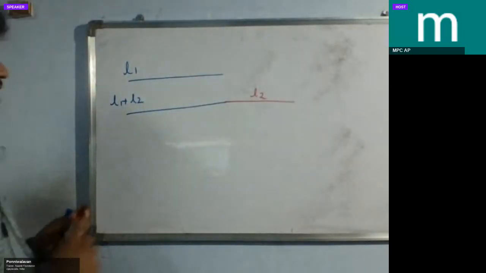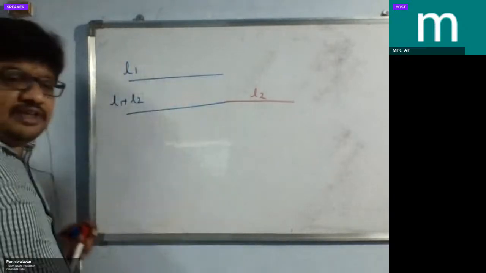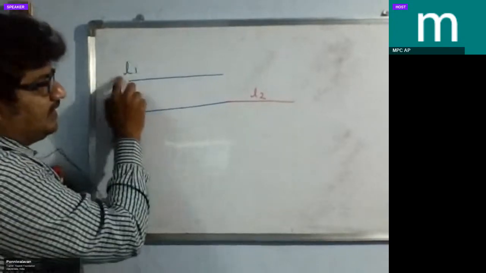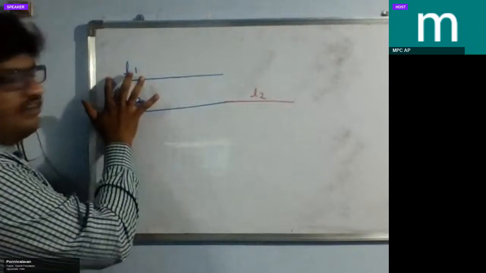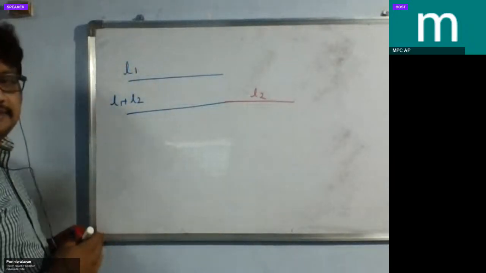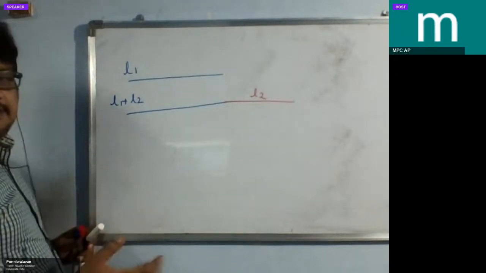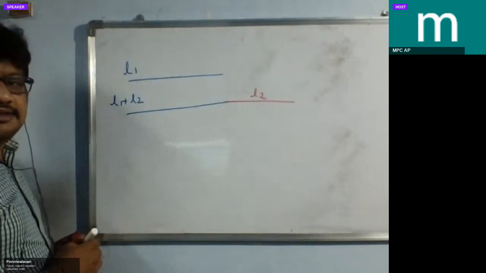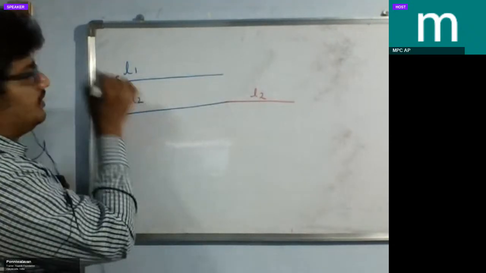To travel L1 distance, what is the time taken by this train? That is, to cross the tree, what is the time taken? From the question, see and tell me. 120 seconds. Super.